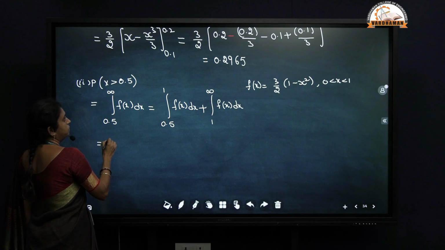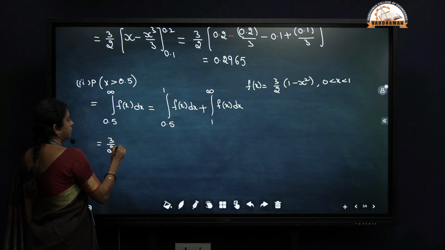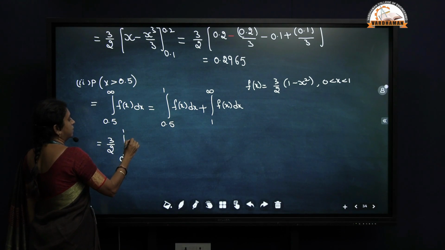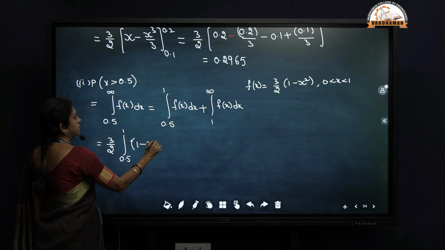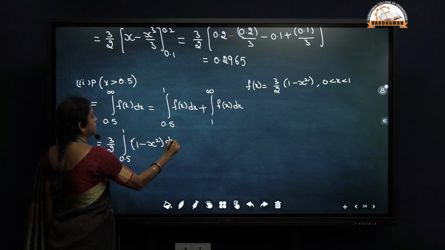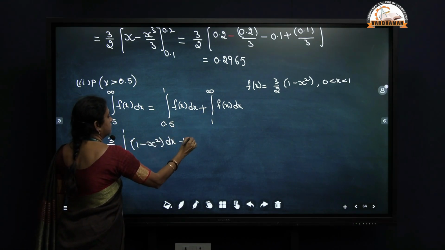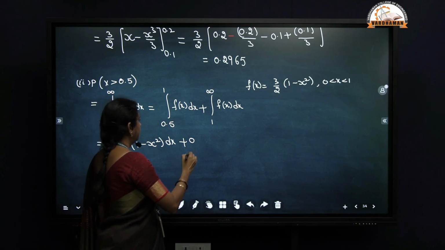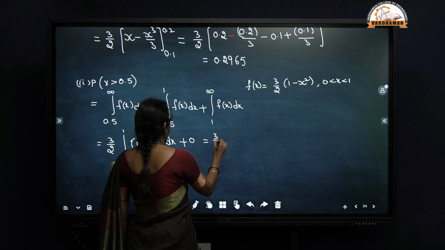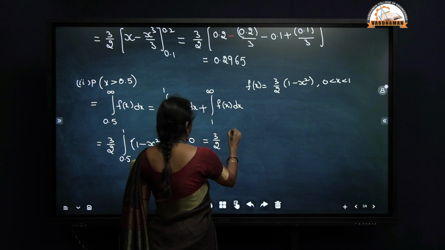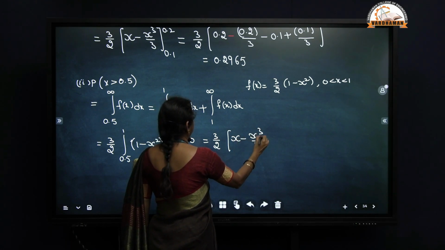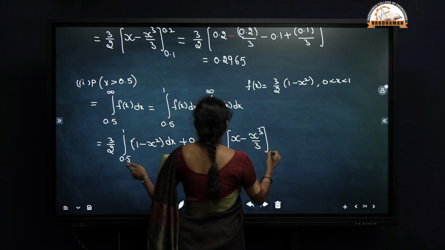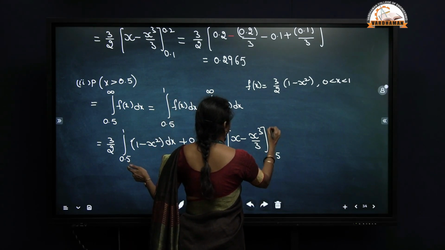So this is equal to 3 by 2 integral from 0.5 to 1 of 1 minus x square dx plus 0. Integrating, we have 3 by 2 times x minus x cube by 3 between 0.5 and 1.